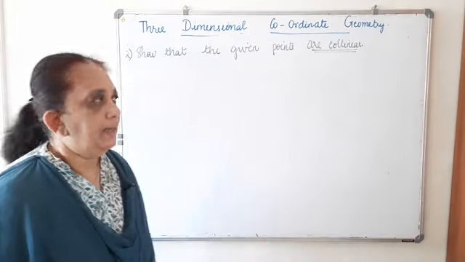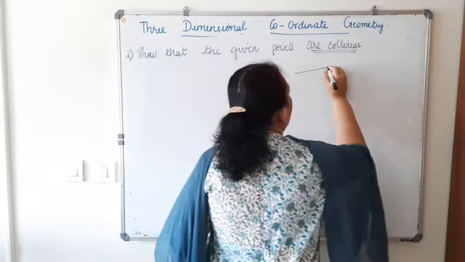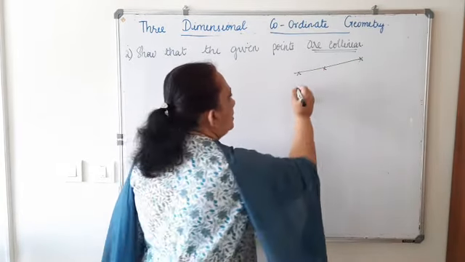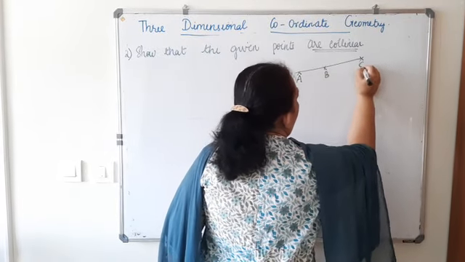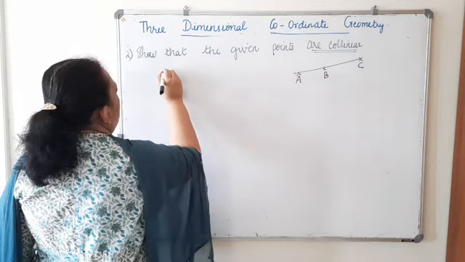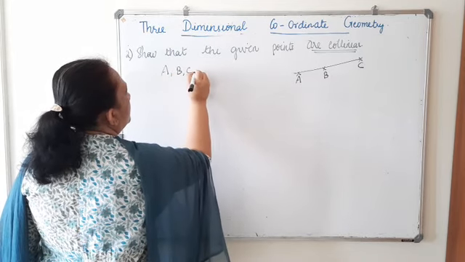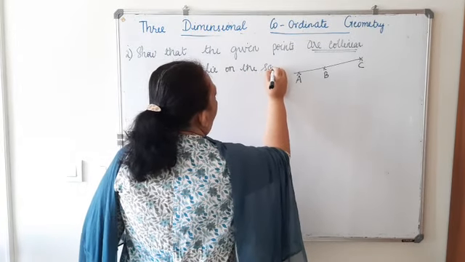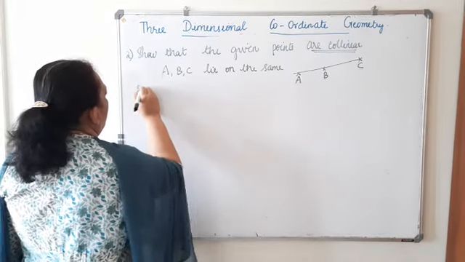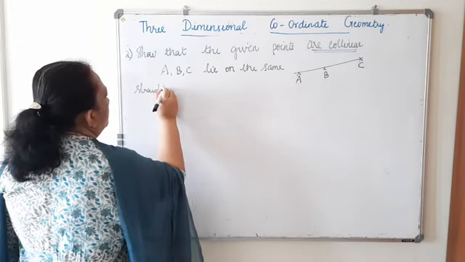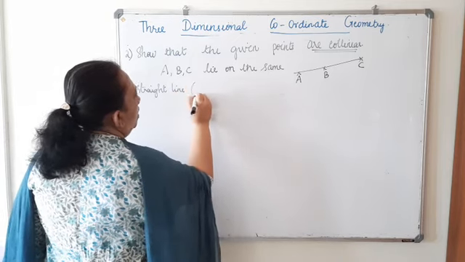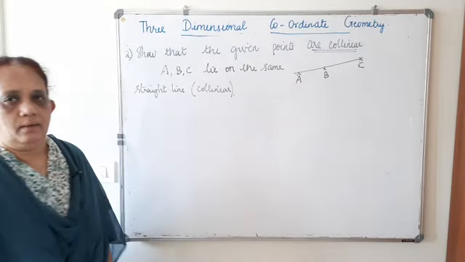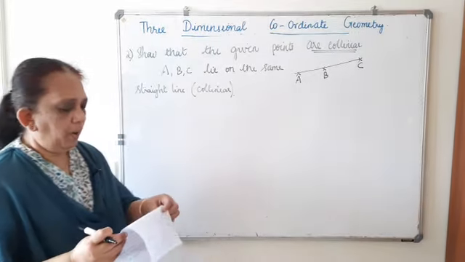What do you mean by collinear? That means the three given points A, B, C lie on the same straight line. This is called collinear. Now, we have to show that the 3 points are collinear.